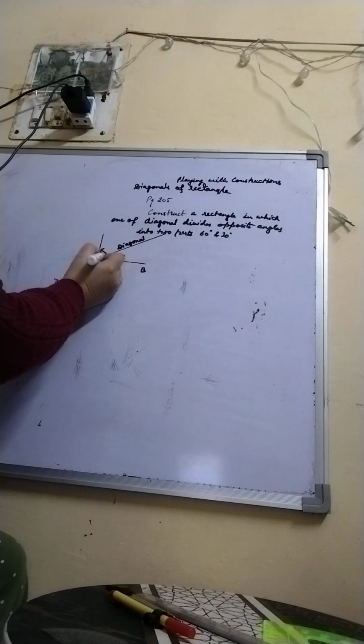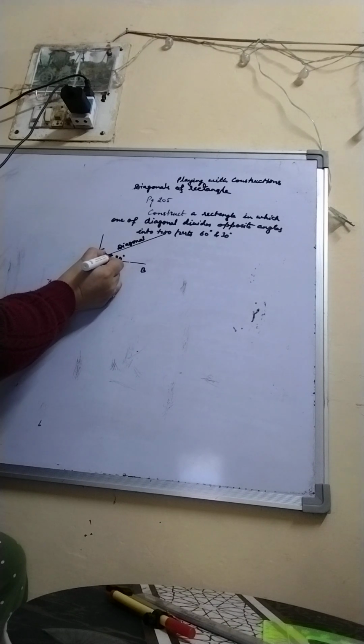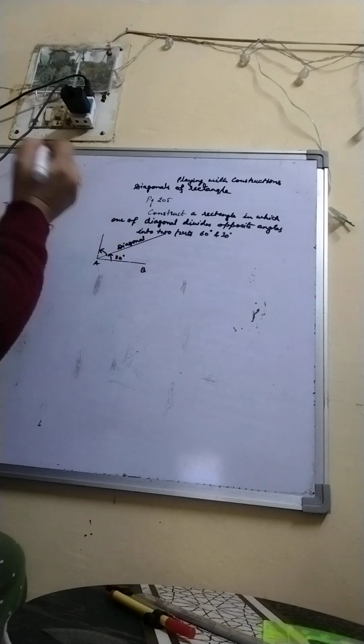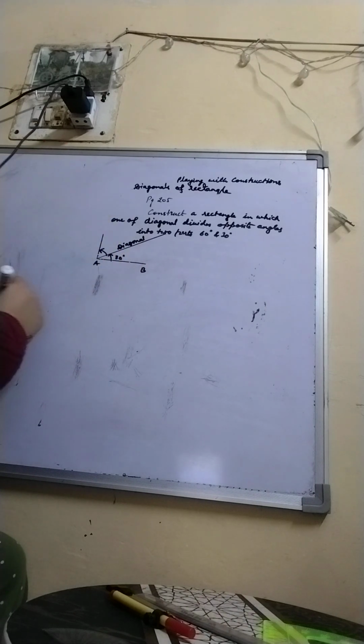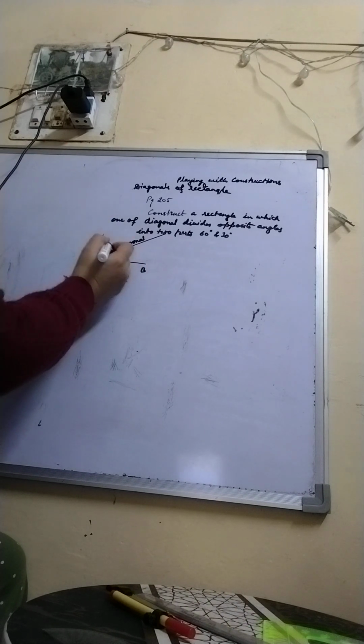If you start from this diagonal and go to the second side of the rectangle in the rotation, first I rotated AB and reached the diagonal. Now I rotate the diagonal and reach another side of the rectangle. So what is the rest of the angle?